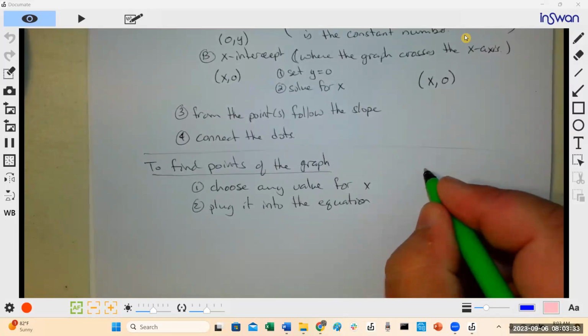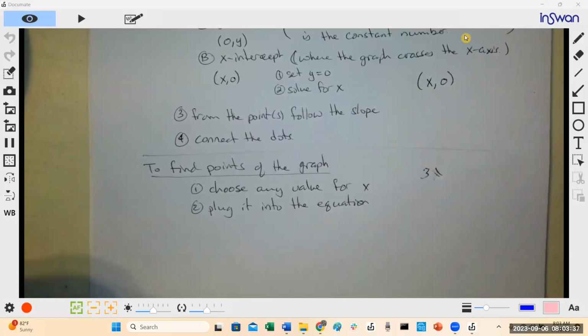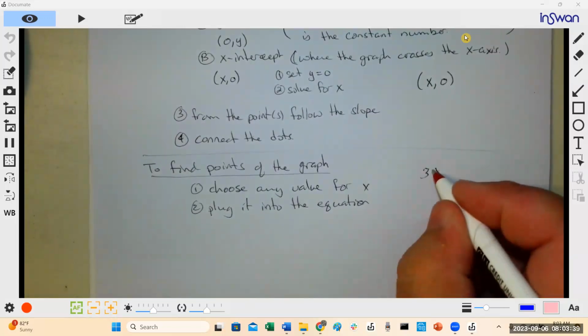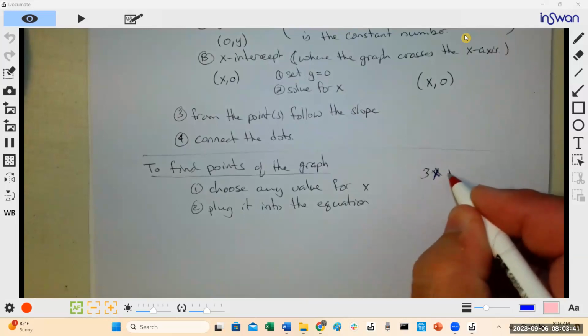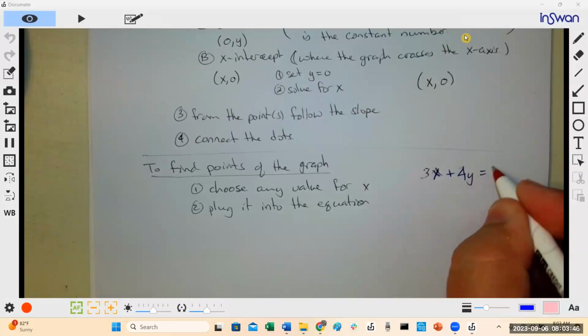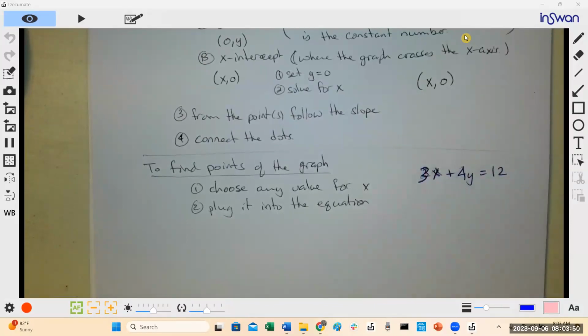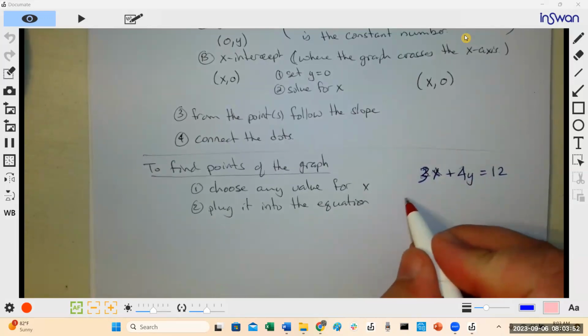So I had 3x plus 4y equals 12. First step, I pick any value for x.